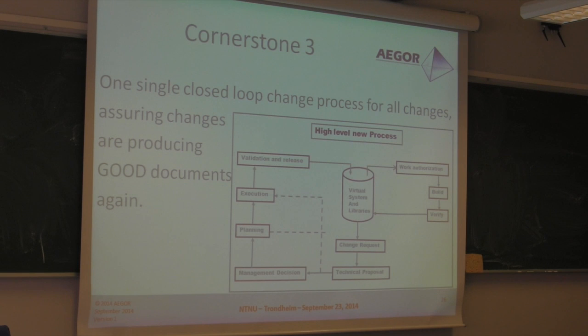You see it here. As you study, you make a technical proposal, you decide. And what we see here is that the technical solution, the technical answer, and the management decision are separated. After the management decision, yes or no, and if yes with a priority, it goes into the planning, and then the execution. There will be a validation and release, and the result goes back into the system.